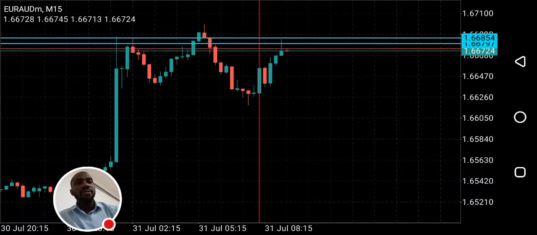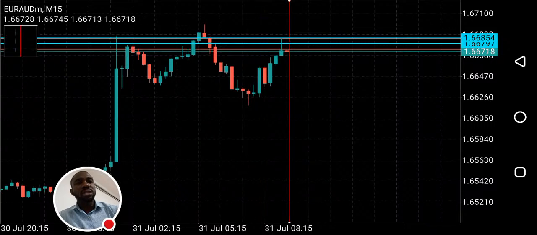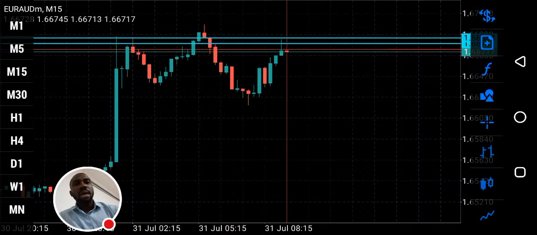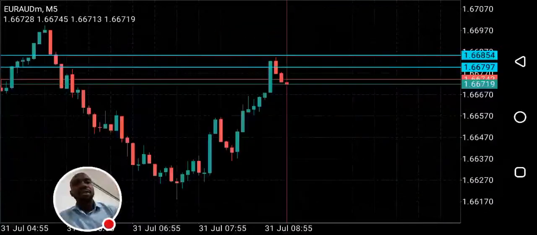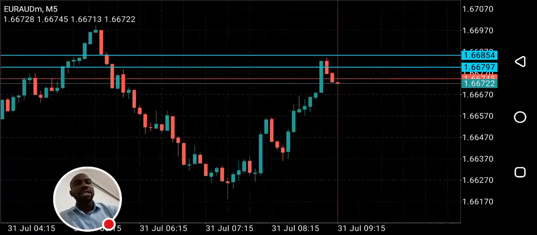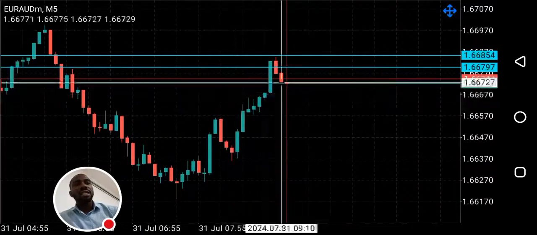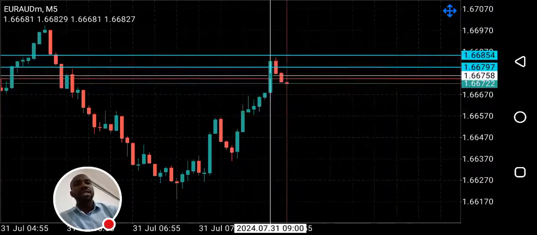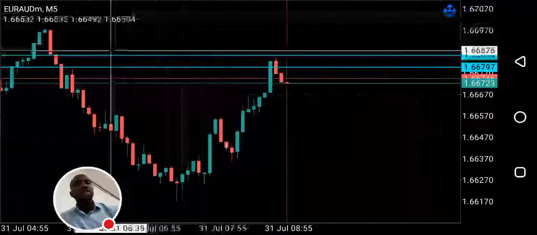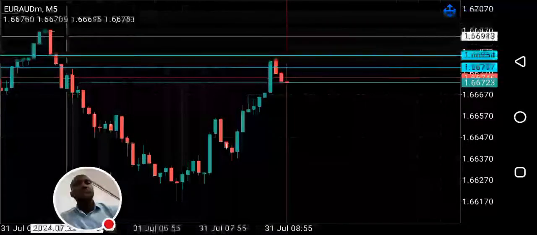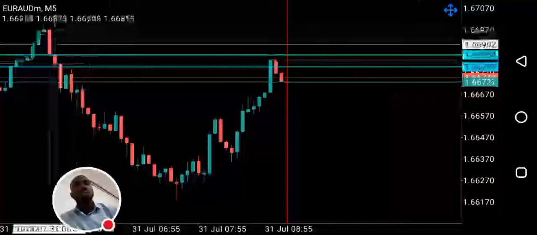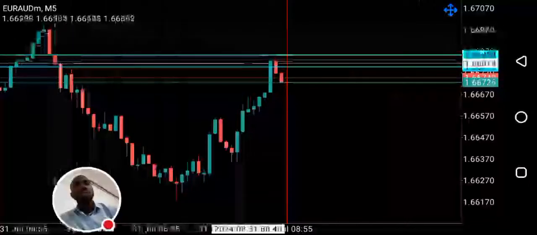Okay, let's see what we have on 5 minutes. I believe a bearish reversal pattern would have formed on 5 minutes. You can see the pattern that formed inside that gap, a bearish reversal pattern. And as you can see on 5 minutes, we still have a fair value gap at this point. They might want to fill this fair value gap before going bearish.